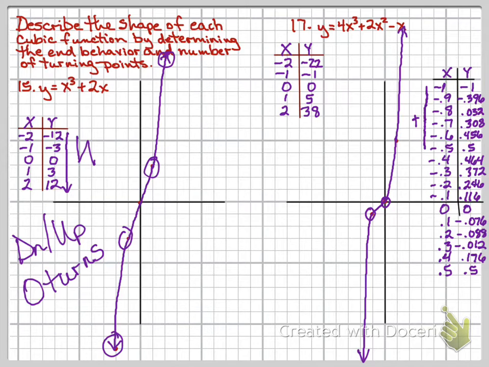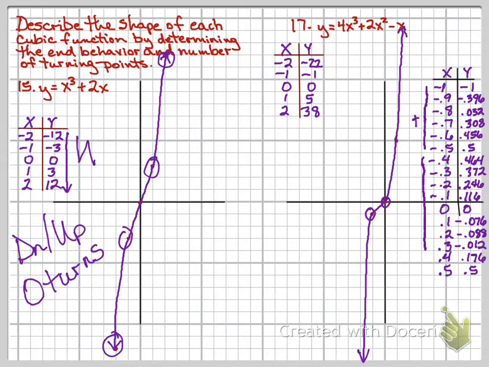And then all of a sudden we start going back down. We go at 0.464, 0.372, 0.246, 0.116, 0, negative 0.076, negative 0.088, negative 0.012.